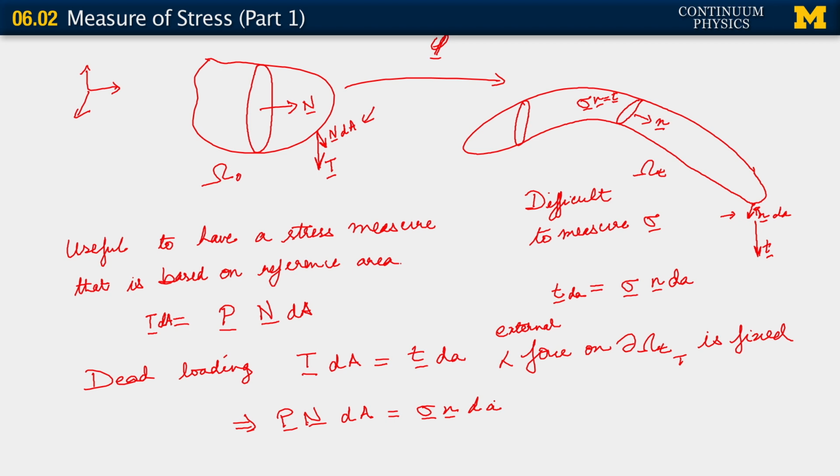Now, we've encountered all these objects before except for this new symbol P. We're going to say more about it in a little bit. So the way we do it is the following.